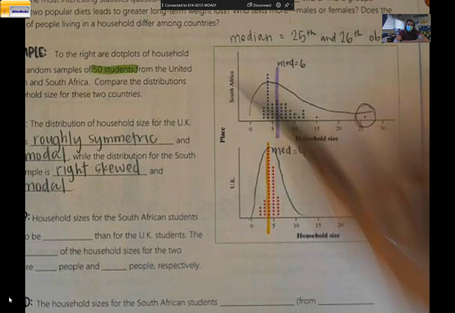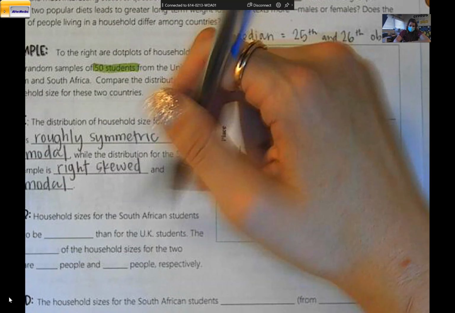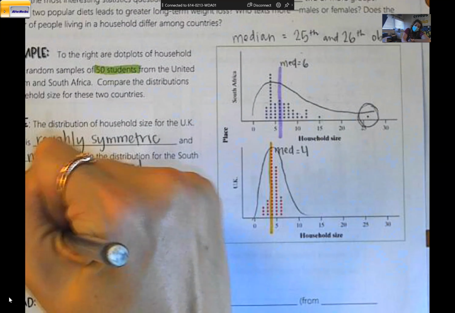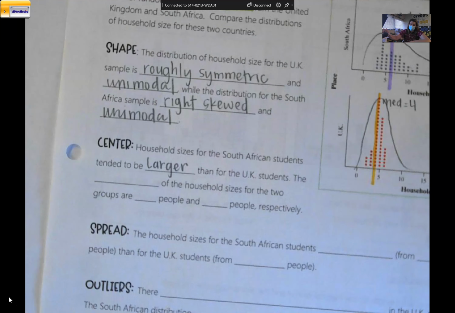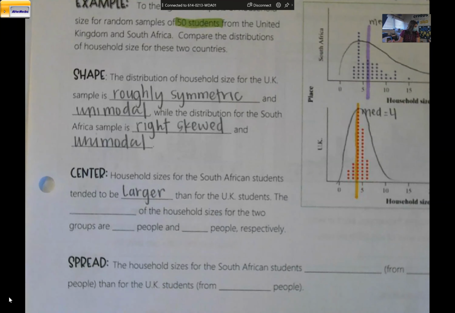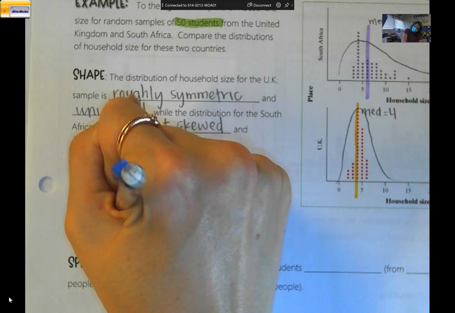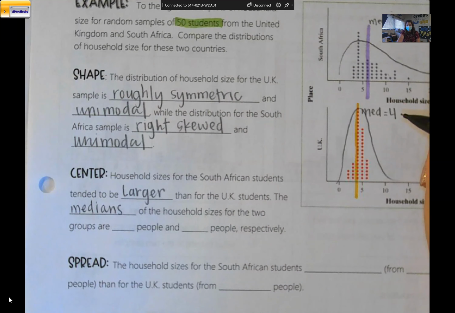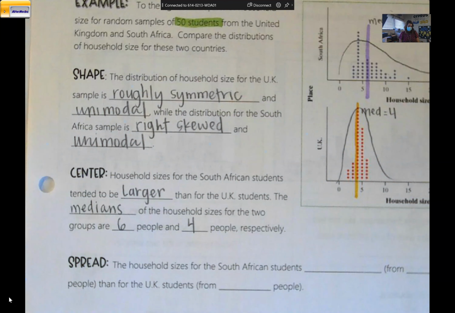Okay. So center. Household sizes for the South African students tended to be larger than for the UK students. Notice I'm giving specifics. The typical, do we think that's the word typical? Nope. The medians of the household sizes for the two groups are 6 and 4 respectively.